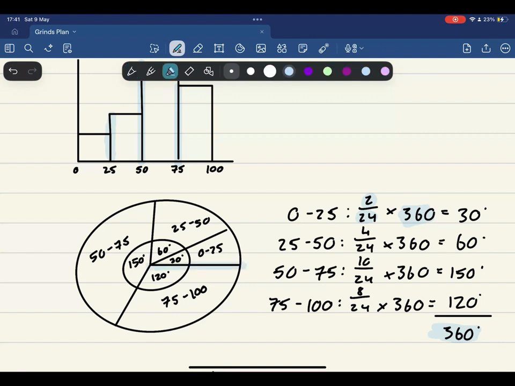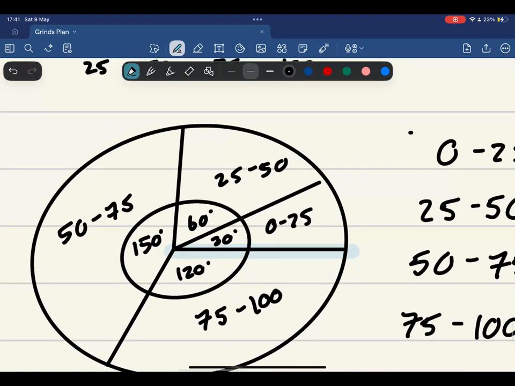Then I place my protractor down and go up 30 degrees. You normally mark it out here and then connect that dot to the center of the circle. Then make sure you put your degrees in there and also what it represents, because there's no point in having just degrees and not saying which is which.